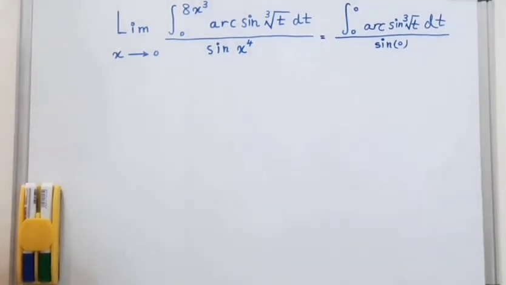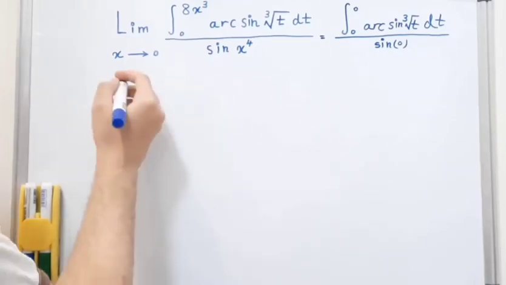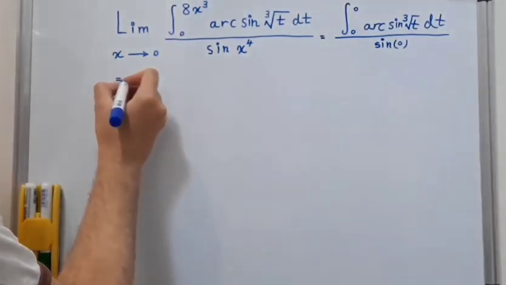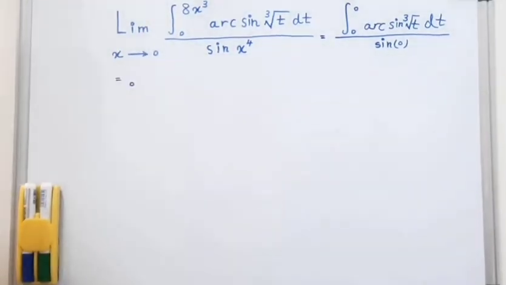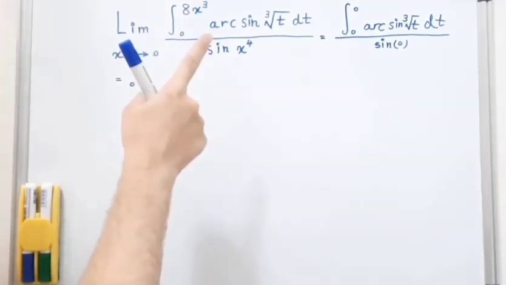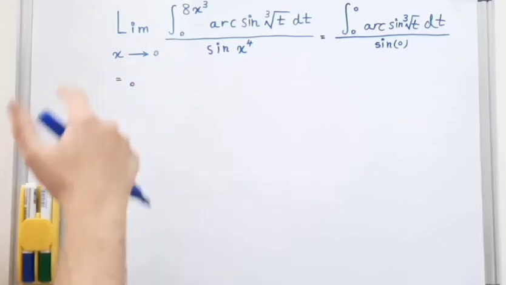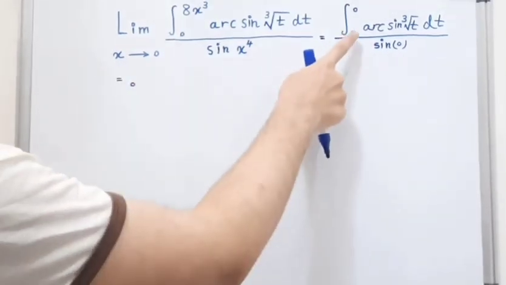The value of the numerator is actually 0, and the denominator is 0 too, because by the integral rule, if the bottom and top limits are the same, the value of that integral is 0.